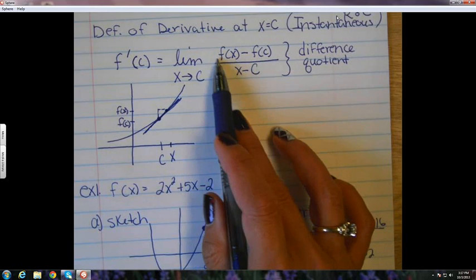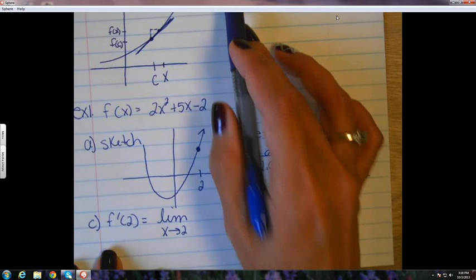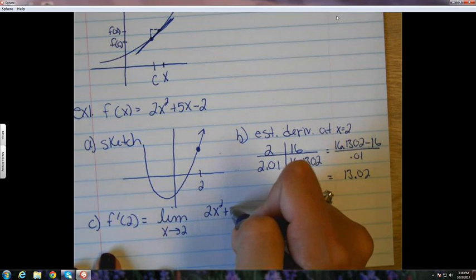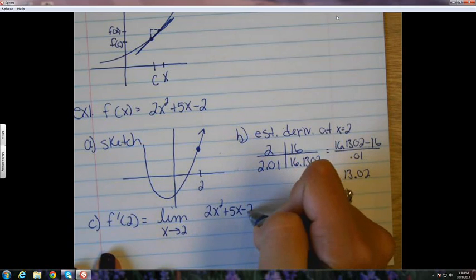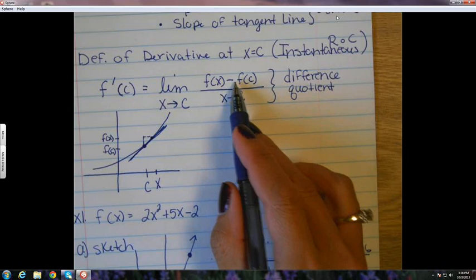That's your equation in terms of x. Well, my equation in terms of x is 2x squared plus 5x minus 2. And the definition says subtract f of c.